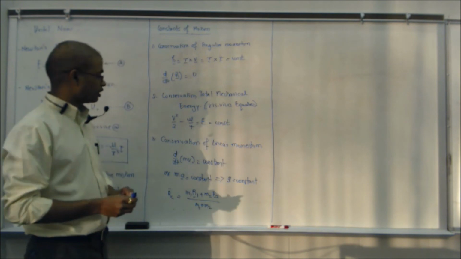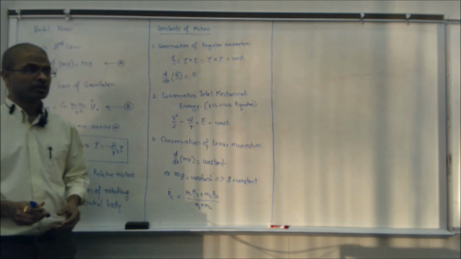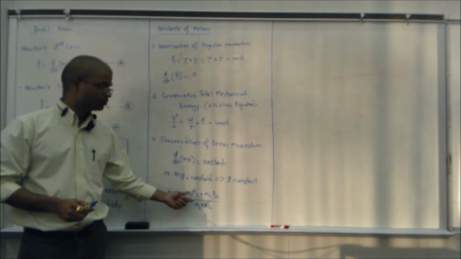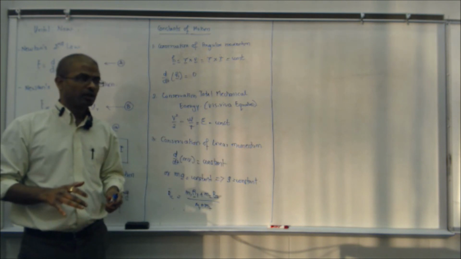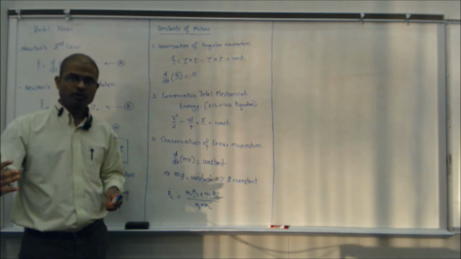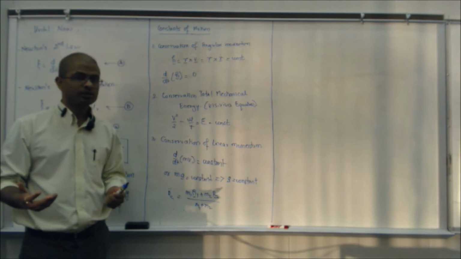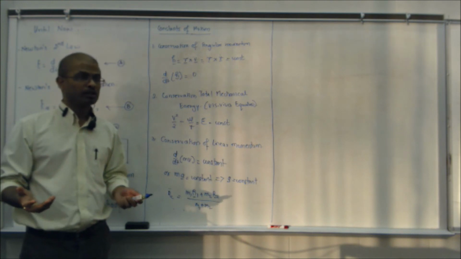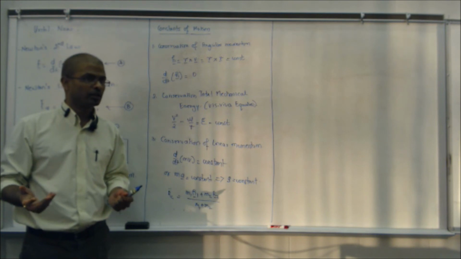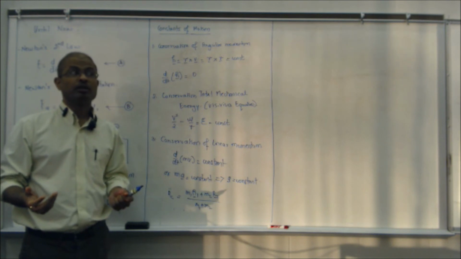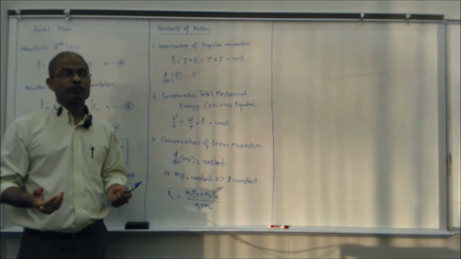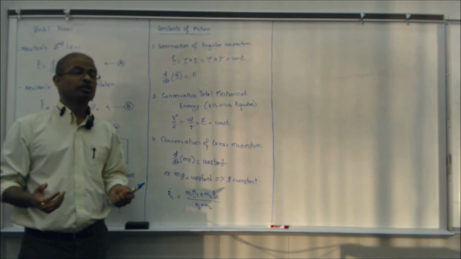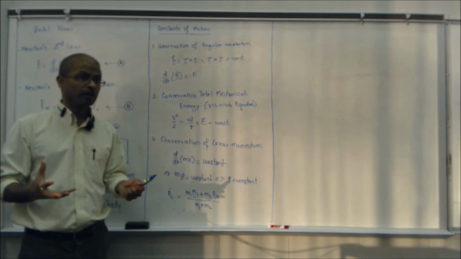But if you're talking about relative motion, you have to assume this. On Earth we cannot study, for example, two people as a two-body problem. Why? We cannot do that because Earth has a very huge impact on both the bodies.